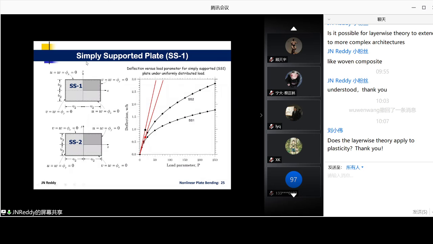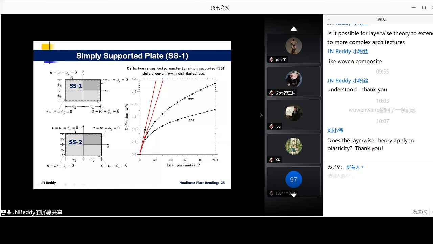What is the difference? If you look at the edge here, the edge parallel to the x-axis, I'm saying u, w, φx is 0. Now I want you to remember what is φx. φx is a rotation about the y-axis. Whereas φy is a rotation about the x-axis.